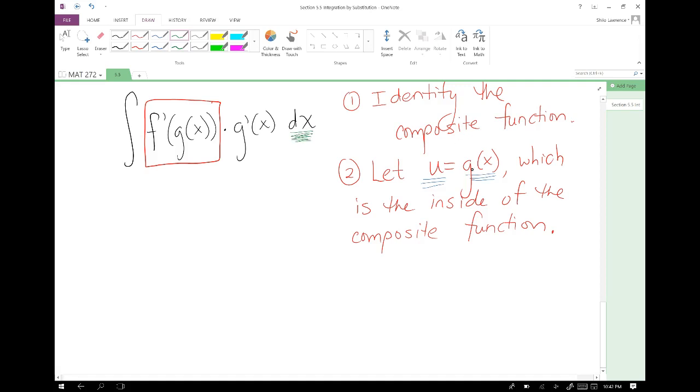But with this u substitution process, we're trying to get all those x's replaced with u's, which means we're going to have to get the dx replaced with a du. So in step number 3, what we want to do is take the derivative of both sides of that u equation. And that will give us a relationship between du and dx so that we can do a replacement for dx.